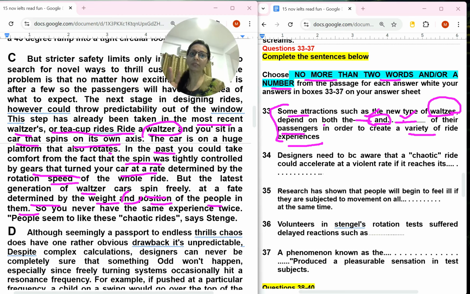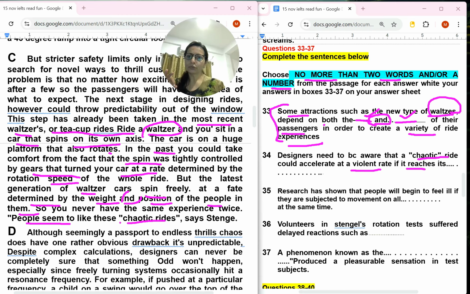Now 34 number question. Designers need to be aware, chaotic ride. Okay, I can see chaotic ride here. So a tip and trick here: where you get the location of 33 number question, you will definitely get the location of 34 number after that. Here I can see designers need to be aware that a chaotic ride could accelerate at a violent rate if it reaches its limit.